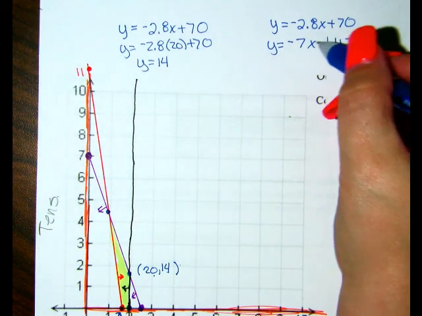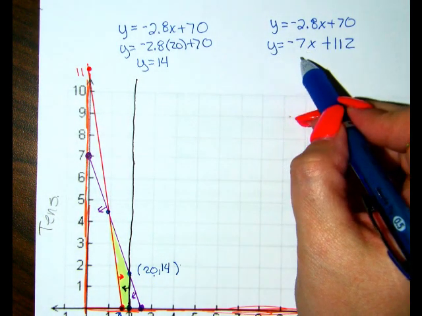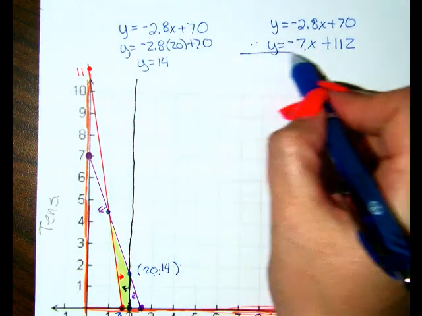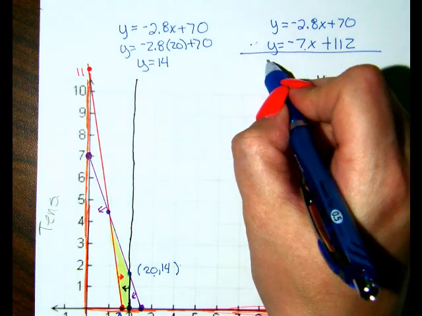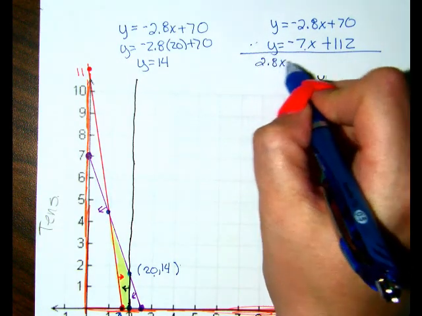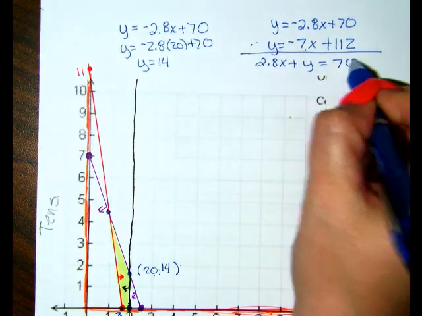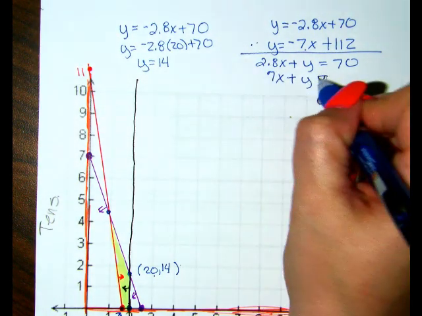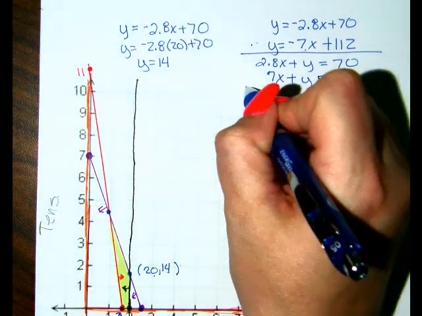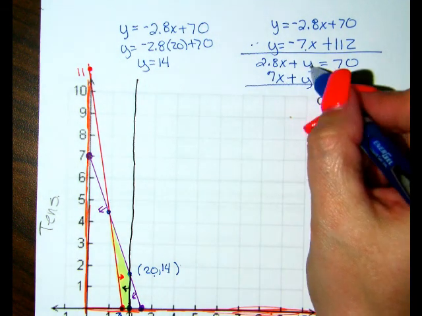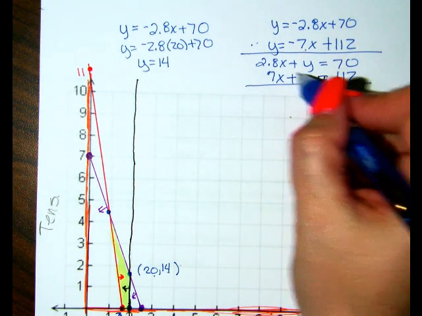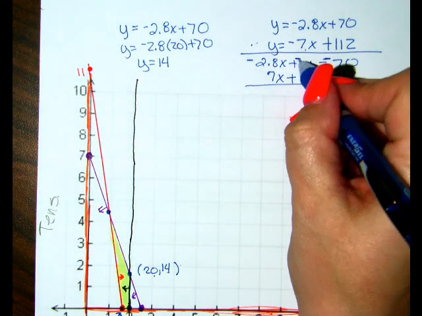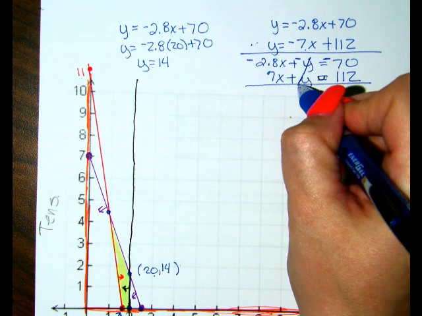Now, remember, when we're doing elimination, which is what I want to choose to do, I need to get my x's and y's on the same side. So I'm going to now rewrite these as 2.8x plus y equals 70 and 7x plus y equals 112. Now, if I want to eliminate my y's, which seems to be the easy part, I just multiply one by negative 1. My y's would then cancel.